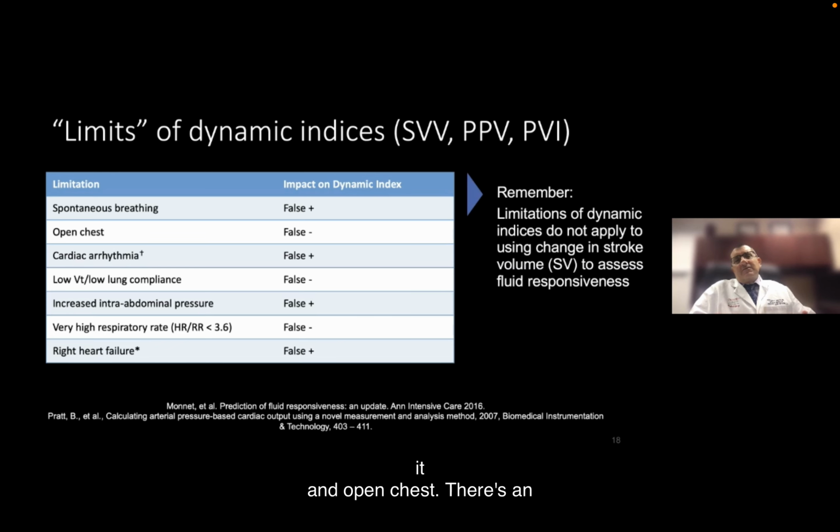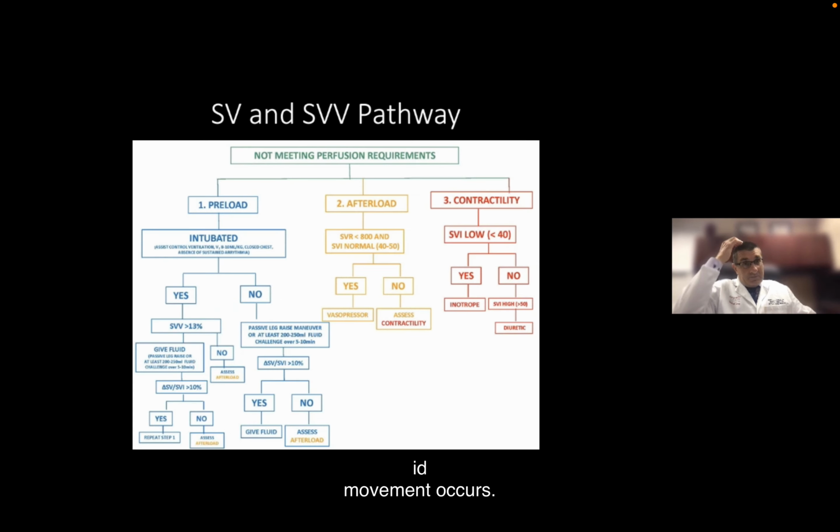With an open chest, there's an issue with the compliance of the arteries and the aorta, and most hemodynamic monitoring errs on that. Low tidal volumes, abdominal pressures, and high heart rates tend to cause problems too. And if you have right heart failure, which we'll talk about later, you have ventricular dyssynchrony, so your left and right don't work right, and you don't understand how that fluid movement occurs.